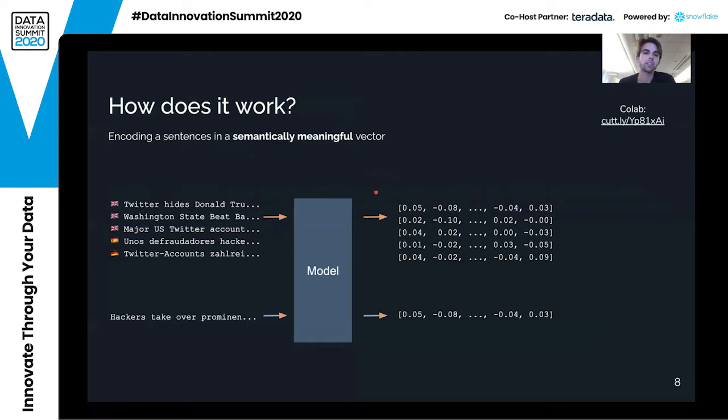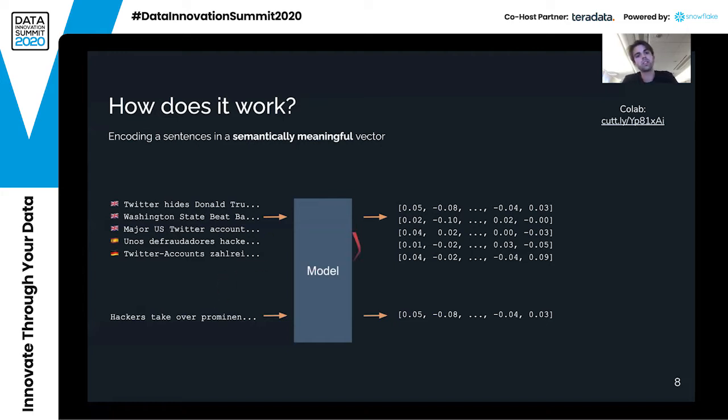And that doesn't mean that they necessarily need to use the same words. It's about semantically talking about a similar thing. As you can see, it works with different languages as well. So it's not really relying on the words, but instead it learns from data how the meaning is portrayed.